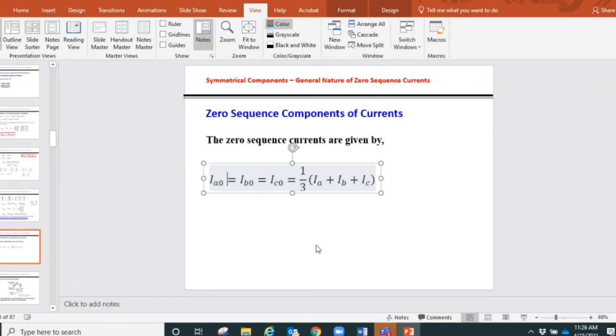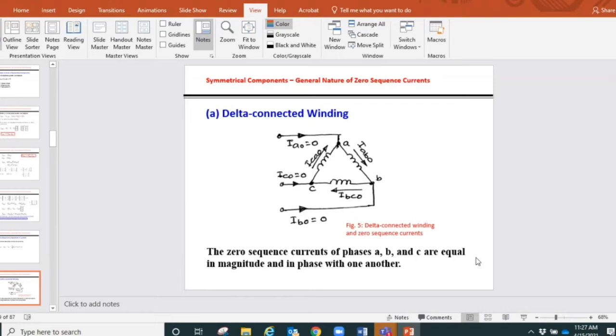They are supposed to be equal, and they will be given by this equation: 1/3 times IA plus IB plus IC. So the sum of those three current phasors multiplied by 1/3 will give us three values which are equal to each other: IA0, IB0 and IC0.